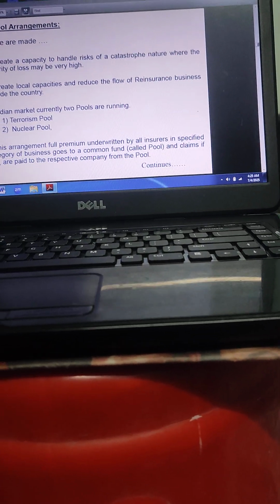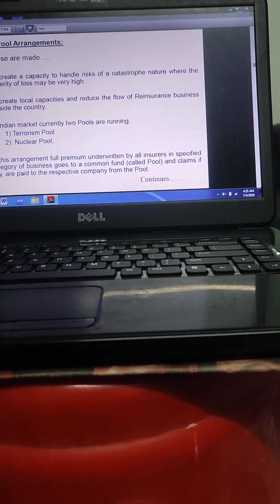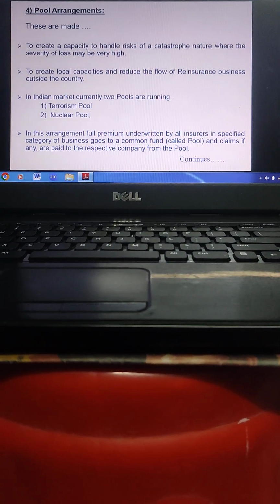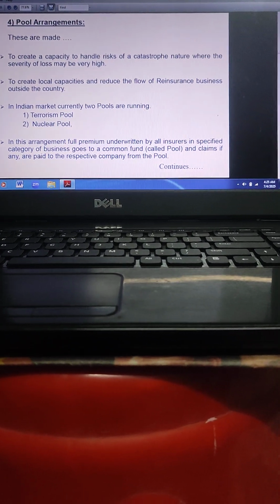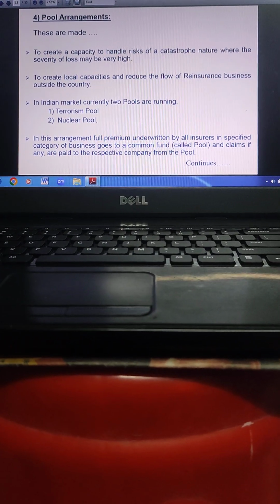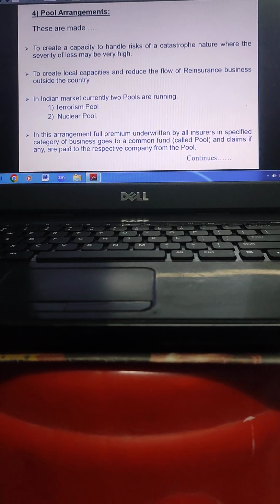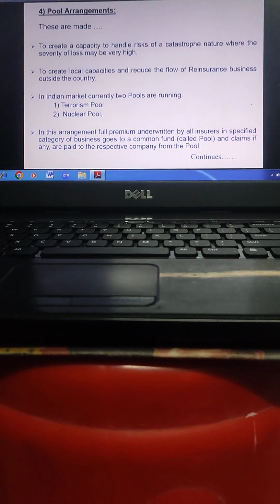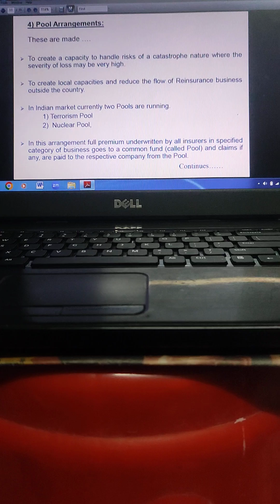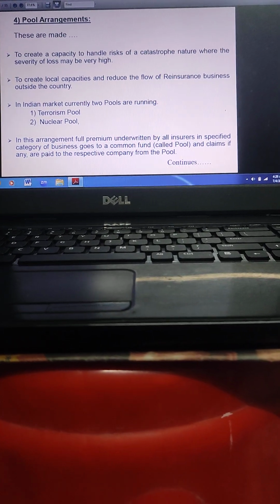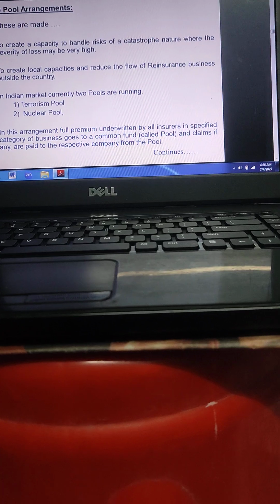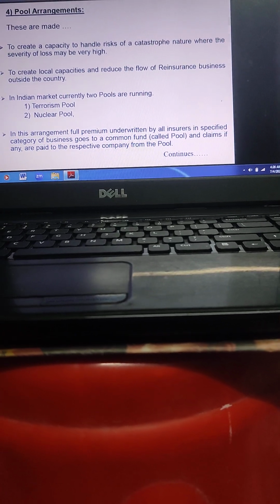Then there are pool arrangements. These pools are made to create capacity to handle risks of a catastrophe nature, where the severity of loss may be very high, so as to create local capacities and reduce the flow of reinsurance business outside the country.